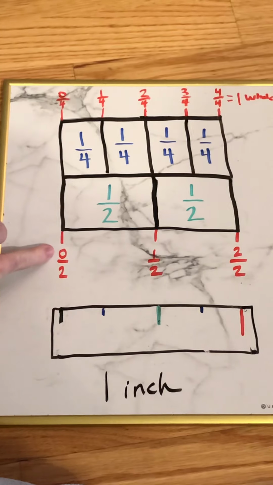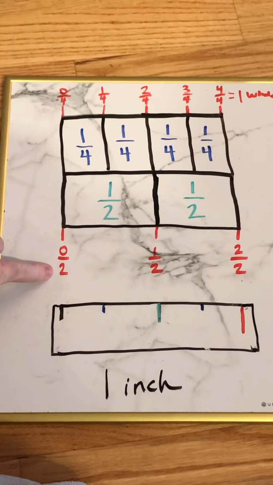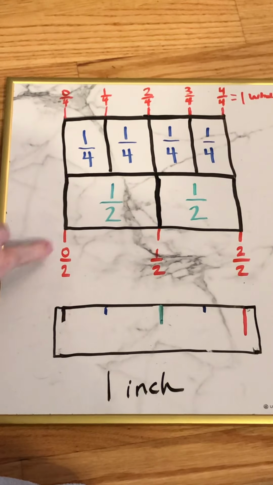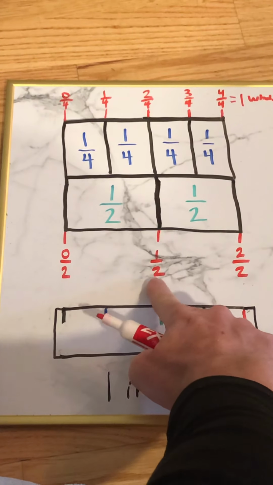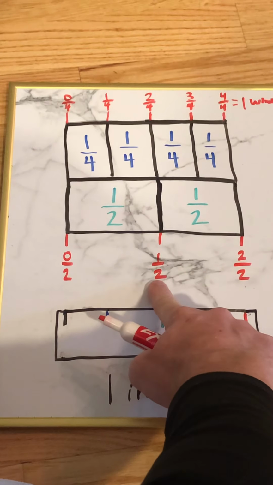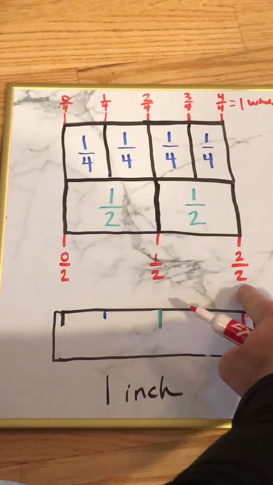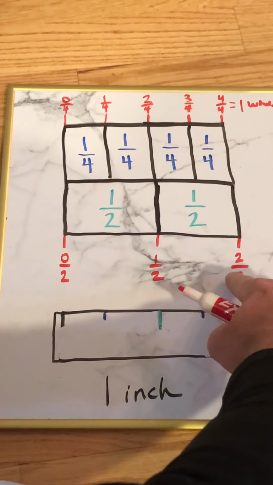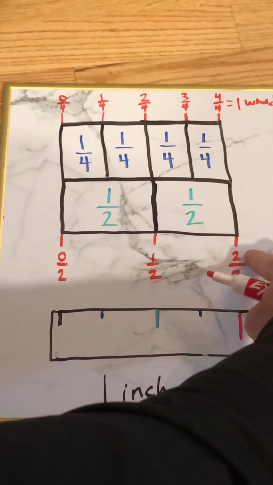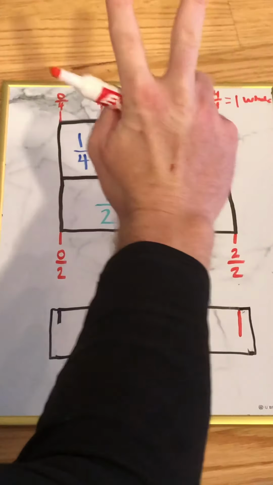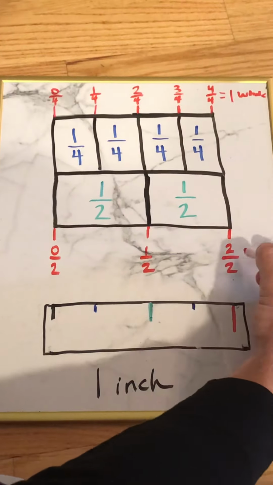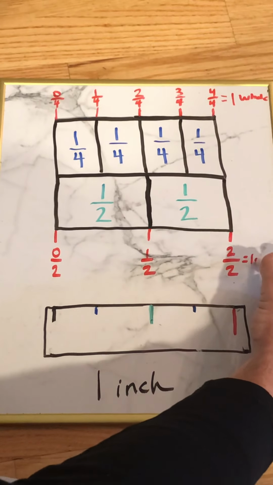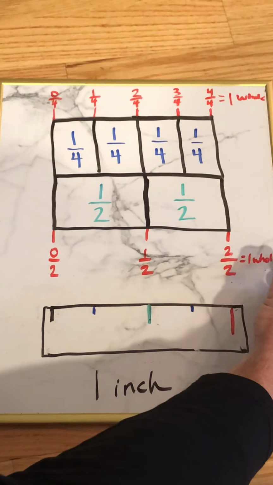We have 0 in the numerator spot and 2 in the denominator spot. If we jump up one spot, we go to 1/2, and then one more spot, we go to 2/2. When you have 2/2, the numerator and the denominator the same, that equals what? Same thing, 1 whole.